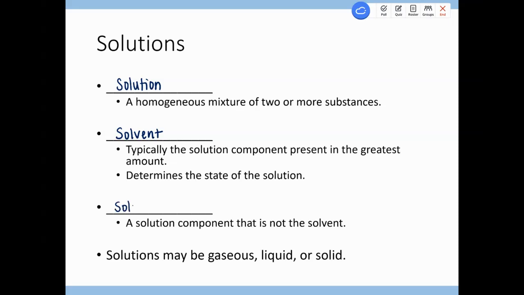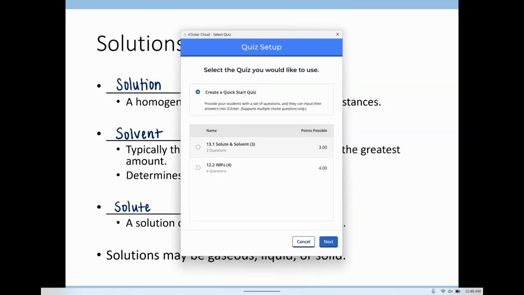The solute is a component that's not the solvent. So what is dissolved in the solvent? Usually in smaller concentrations, that is the solute. So solutions, like I said, can be gaseous, liquid, or solid. So that is similar to what your question is on iClicker now.